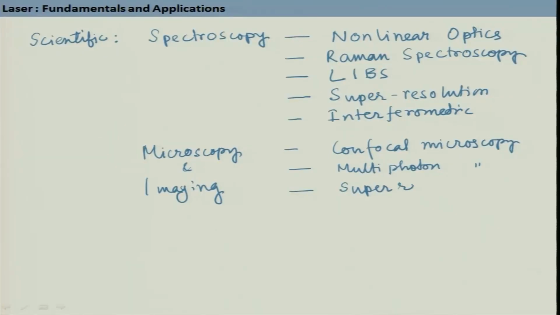Okay, so when we call it super resolution microscopy here, it essentially points to the spatial resolution, that is, how you can separate 2 points in space which are very close. If you can resolve 2 points in space, then you have a certain resolution.